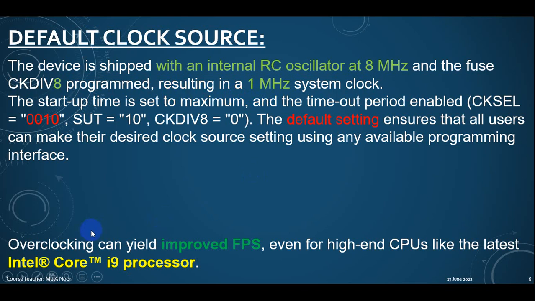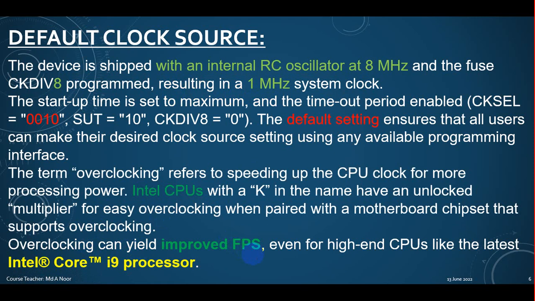Now, overclocking can yield improved floating point operations per second, even for a high-end CPU like the latest Intel Core i9 processor. Sometimes you overclock your computer. Why do you overclock your computer? From the bus setting, you can overclock.